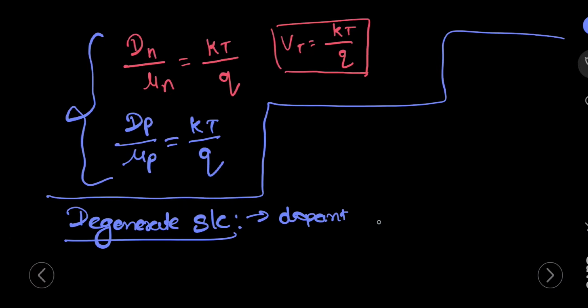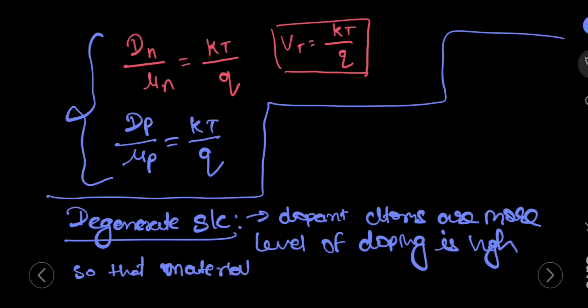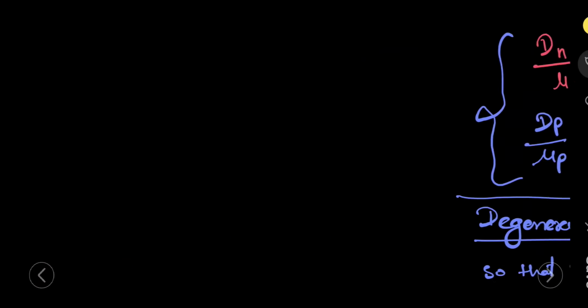Dopant atoms being more means the level of doping is very high, so that the material acts like a metal. The semiconductor material also acts like a metal. This is the important point.